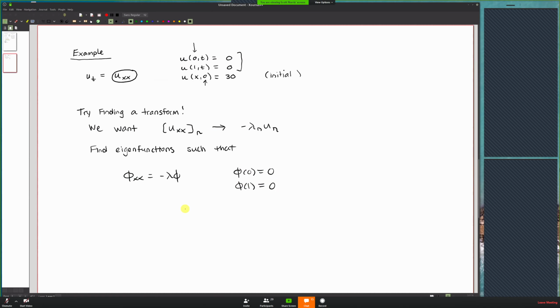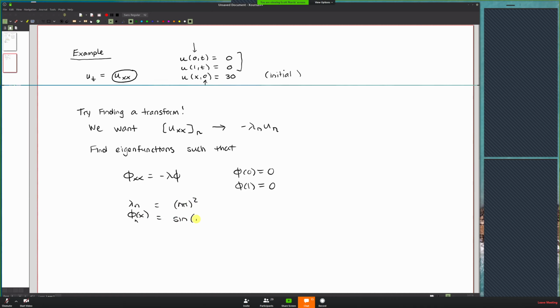And we've done this problem before. I want to skip the details. We have already done this. These are the eigenvalues. These are the eigenfunctions.